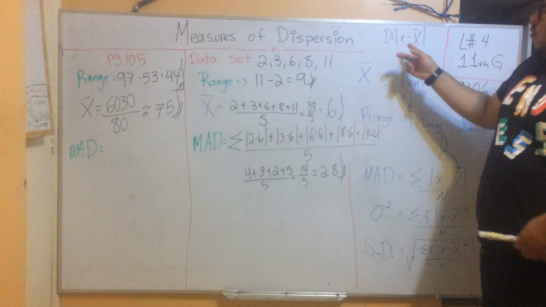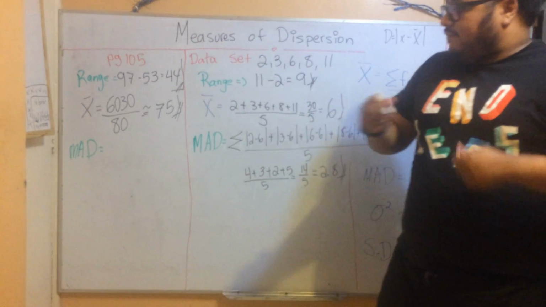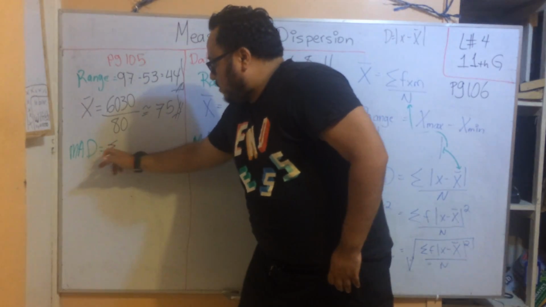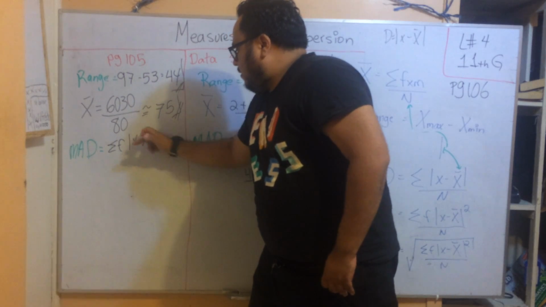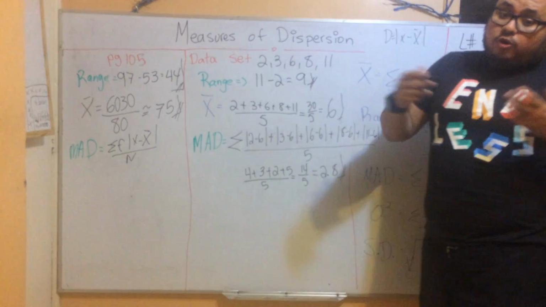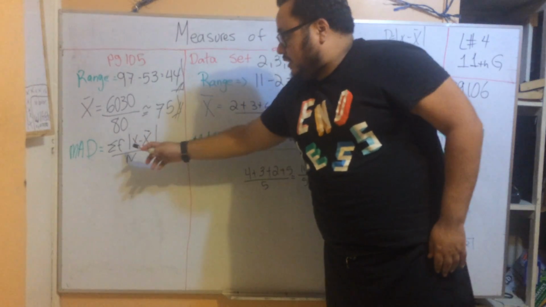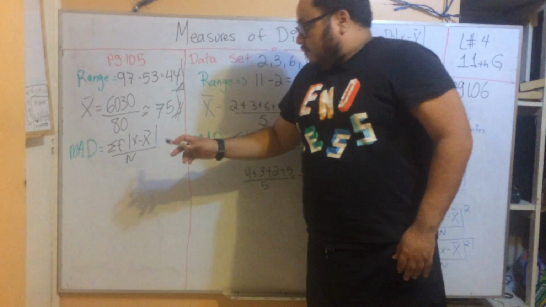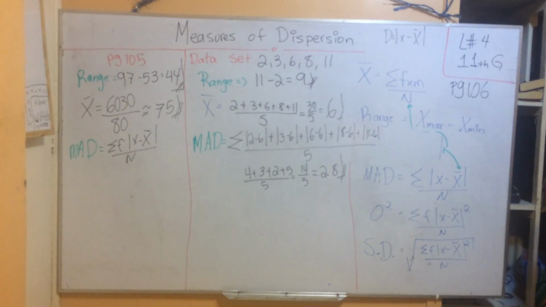So when we have a group of data like the one on page 105, the formula is different because we have frequencies. It takes a little bit more time because we need to calculate each frequency of the frequency table and multiply it by the deviation.